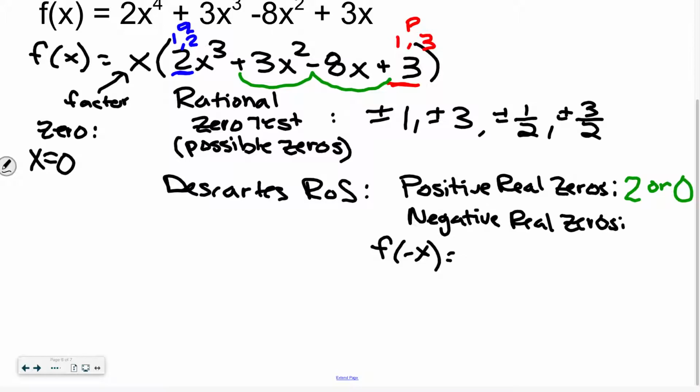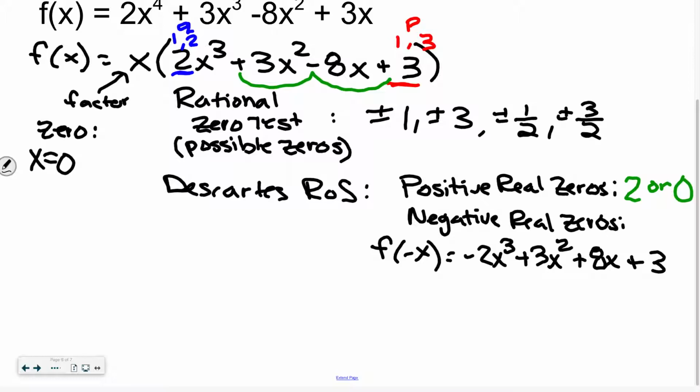So this one's going to be negative 2x cubed. But this has an even exponent, so it's going to stay positive. This one has exponent of 1, so it's going to change. It's going to be plus 8x. And then this one doesn't have an x, so it's not going to change. How many sign changes there? Yep. We're looking at the x cubed one.